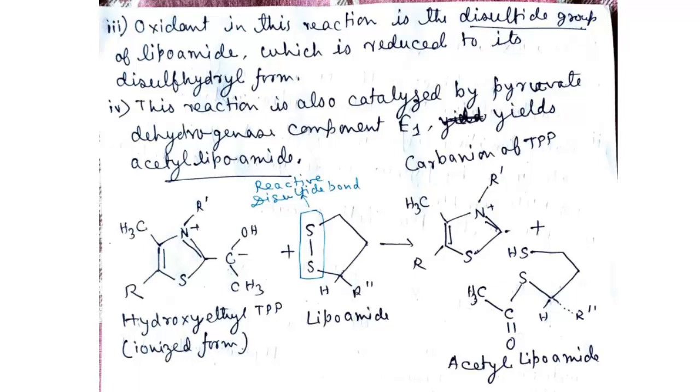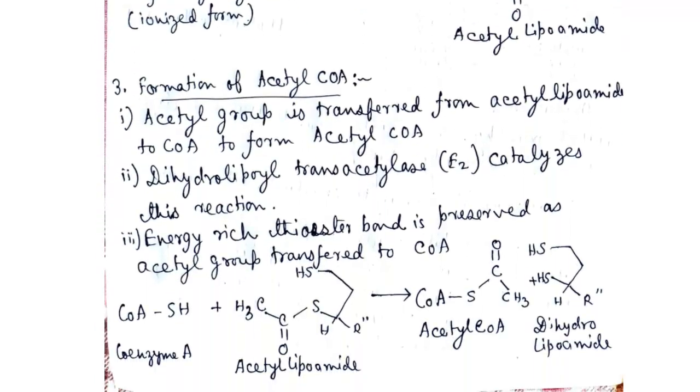Now, next step is formation of acetyl-CoA. The acetyl group is transferred from acetyl lipoamide to coenzyme A to form acetyl-CoA. Here coenzyme A is acting as a substrate, that's why it is called a stoichiometric cofactor, as it is functioning as substrate.